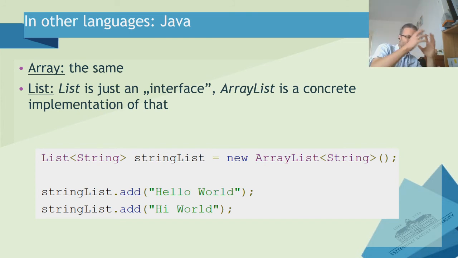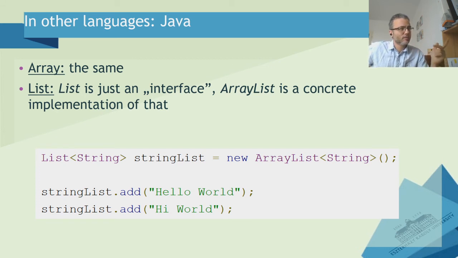The list is a sequence of elements. But you can implement such a list in different ways. You can implement it as an array which can grow and shrink, or you can store the elements separately from each other and link them. This is also called a linked list. Anyway, you will have a subject where you will learn about basic data structures such as lists. There are different implementations of lists.